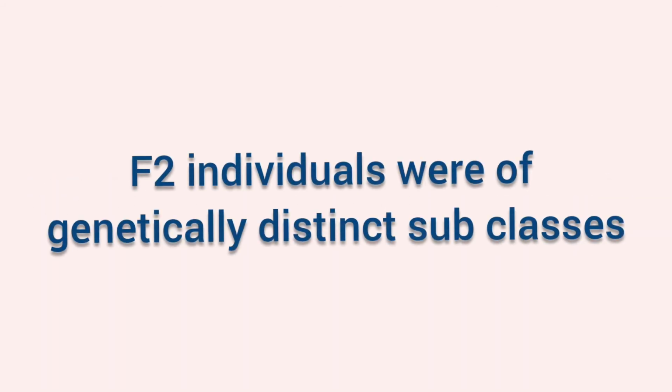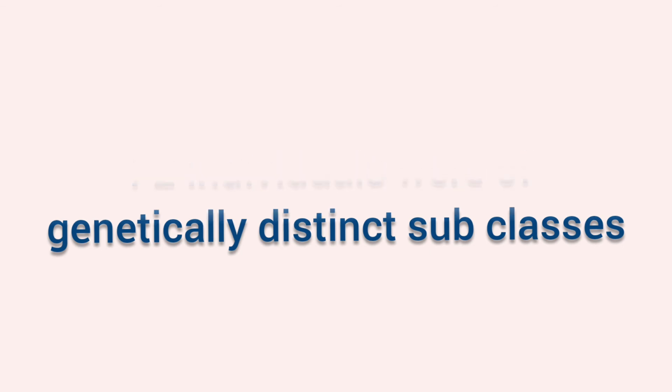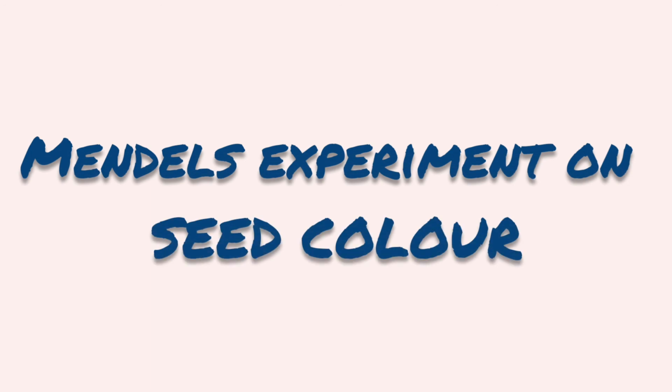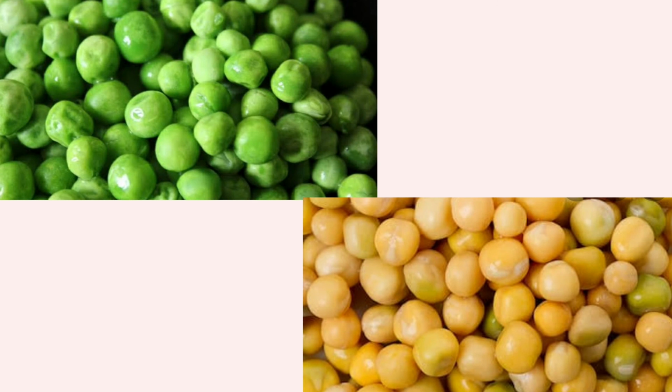Mendel went on to show that in the case of F2 individuals showing the dominant phenotype, there were in fact 2 genetically distinct subclasses. To prove this case, he worked with seed color. The seed colors that Mendel used were yellow and green.